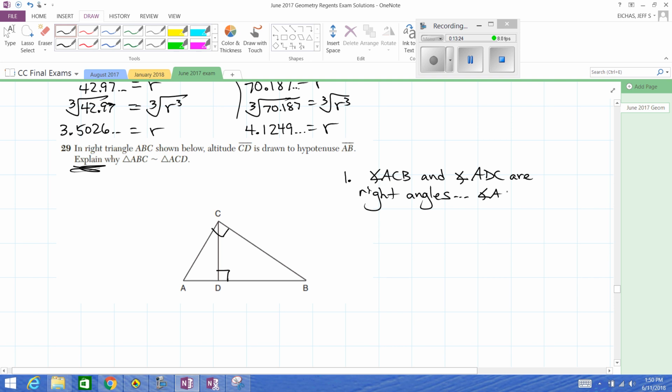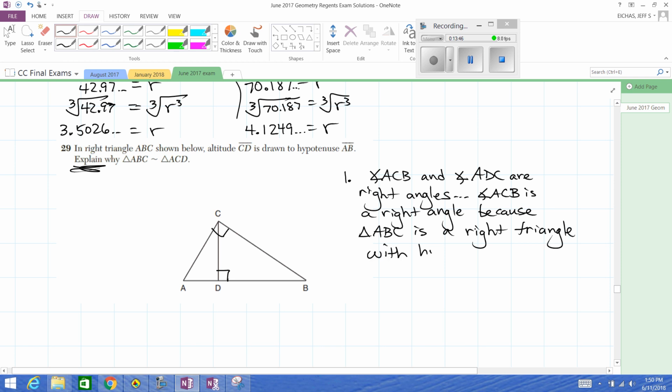Angle ACB is a right angle because triangle ABC is a right triangle with hypotenuse AB. The right angle is across from the hypotenuse, so that's the reason.